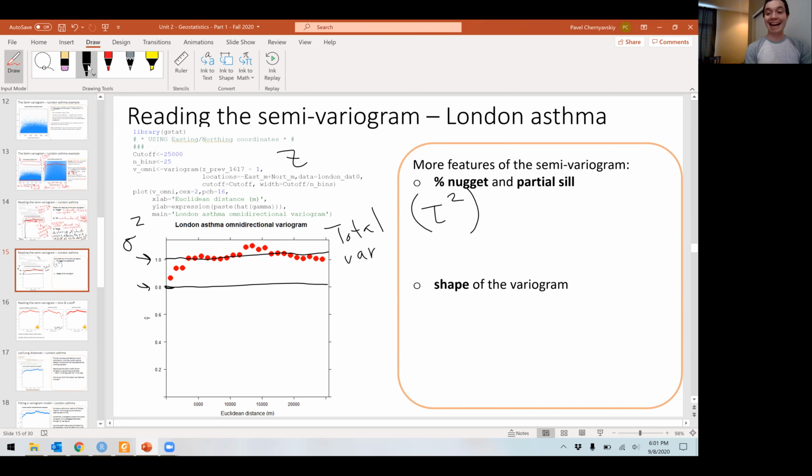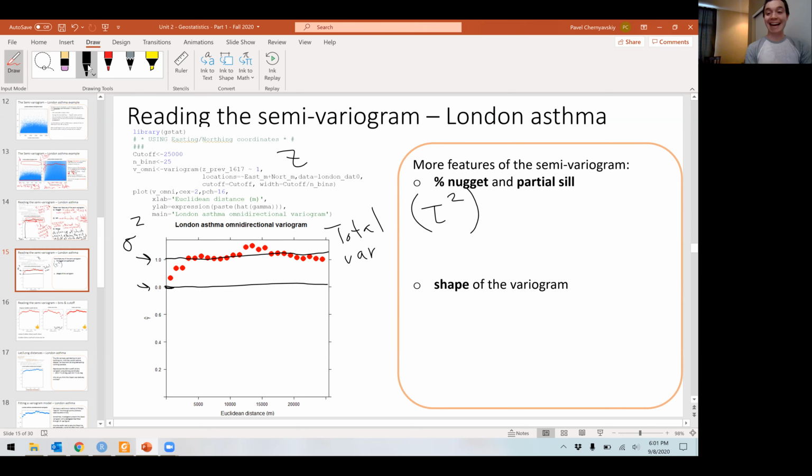Okay, the shape of the variogram. This has to do with the fact that we're actually still not doing any modeling. When you're thinking of imposing structure on that correlation, the shape of the variogram tells us what kind of structure might be appropriate. So this helps impose structure on the correlation via a model.